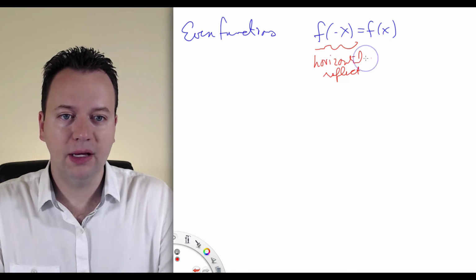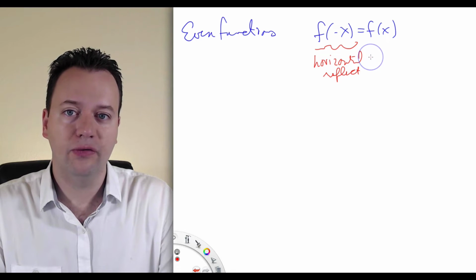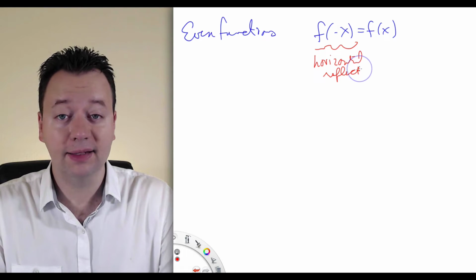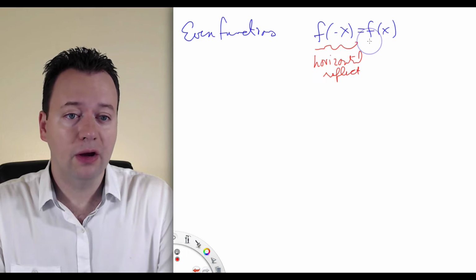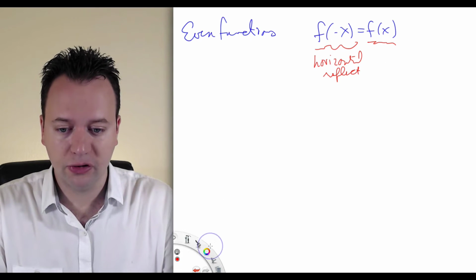So basically what this equation says is that if you reflect the graph of the function f about the y-axis, you get the same graph, right? The original graph of f of x has to equal the graph of the reflection.